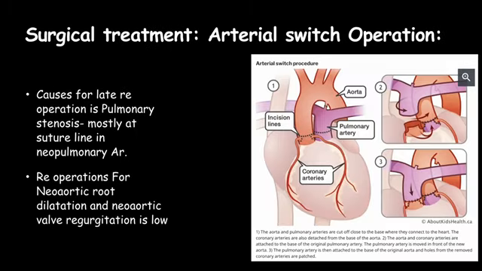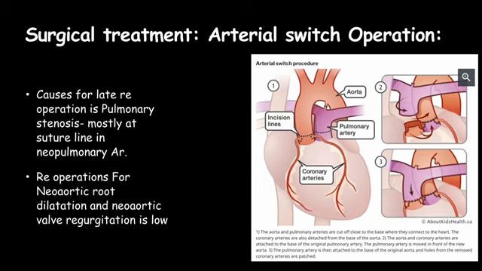In case of simple TGA where it is not associated with other cardiac abnormalities, the surgery in the postnatal period would be arterial switch operation, which has a relatively good prognosis of up to 95% long-term survival. Now, what happens in this surgery is the aorta and pulmonary artery are cut off above the level of the valve. This is to avoid damage to the semilunar valves.